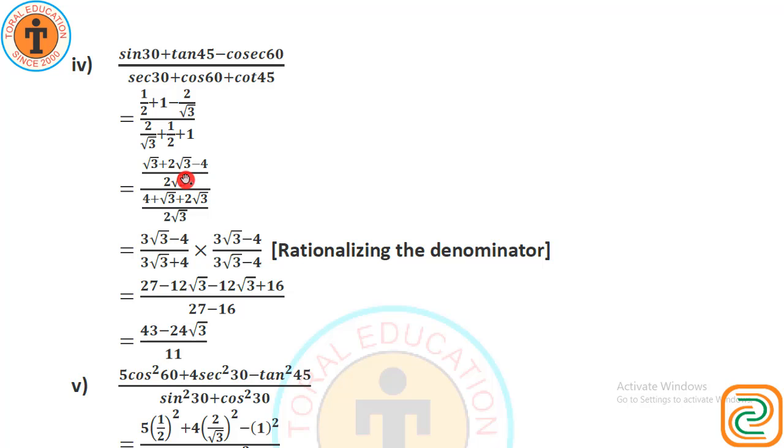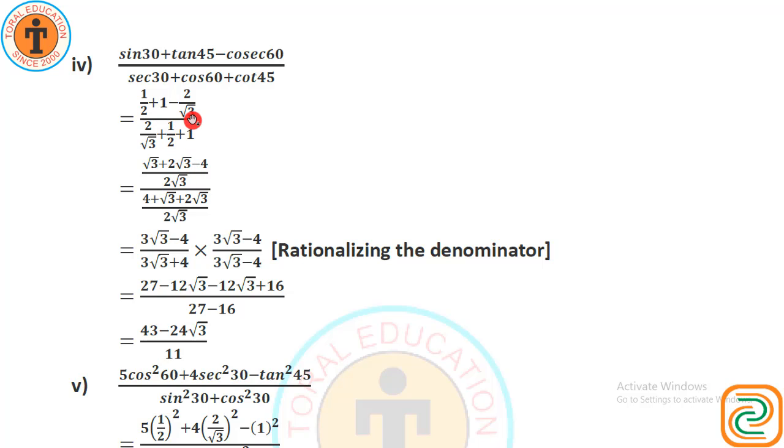It requires your intelligence. What I have done here, 2 into root 3, this is LCM. Look, 2 root 3. So here is 2, so here it will be root 3, multiplication. Here there is nothing in the denominator, so both 2 and root 3 will be multiplied with 1, so 2 root 3.